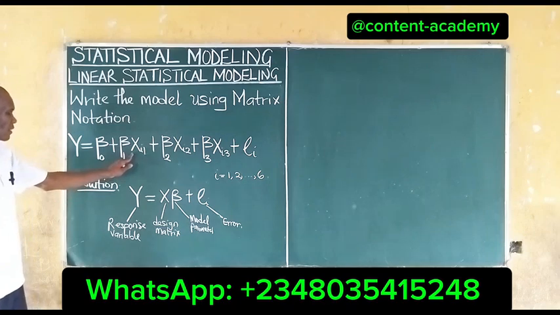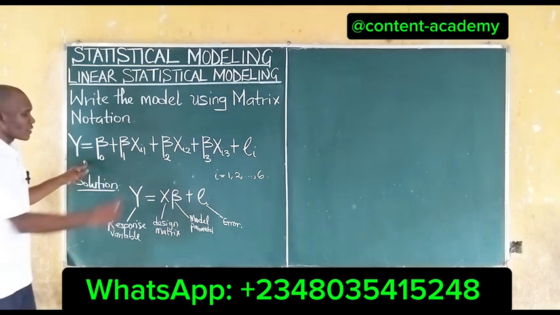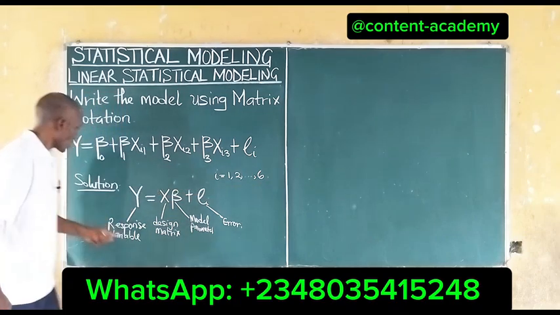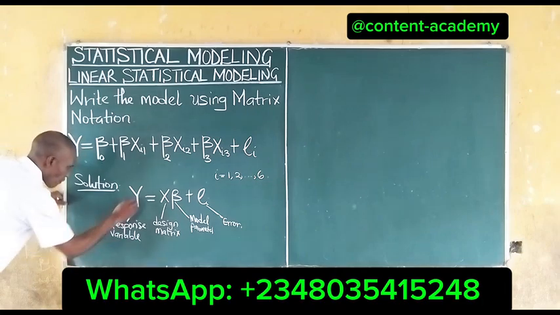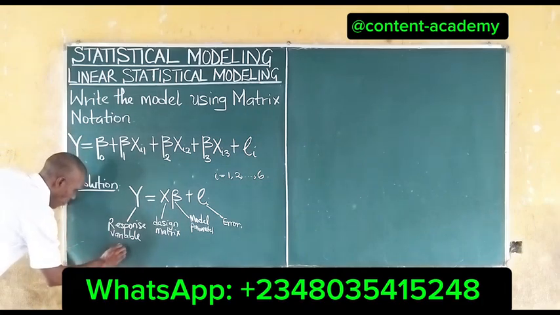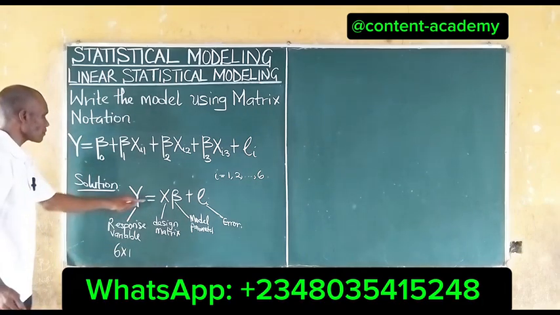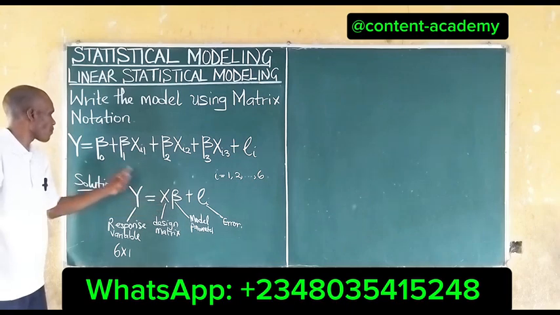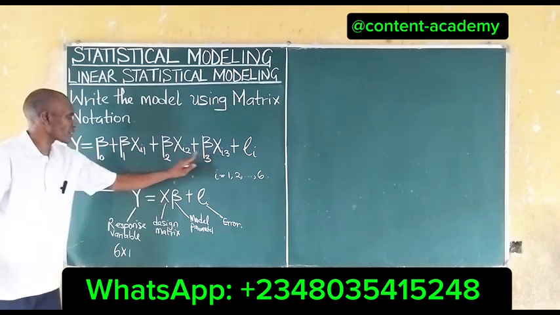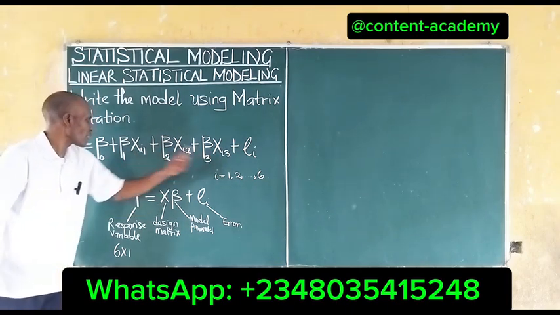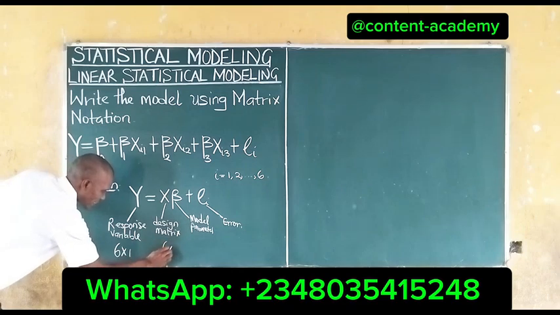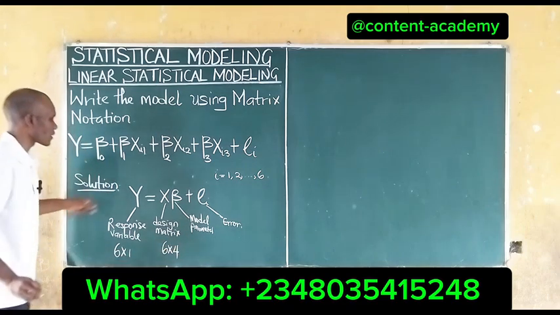Of course, from this now, we see that since we have six observations, the matrix for y will be a 6 by 1 matrix. And for our design matrix or the predictor variable, we have x1, x2, x3 plus a constant, so it will be a 6 by 4 matrix.